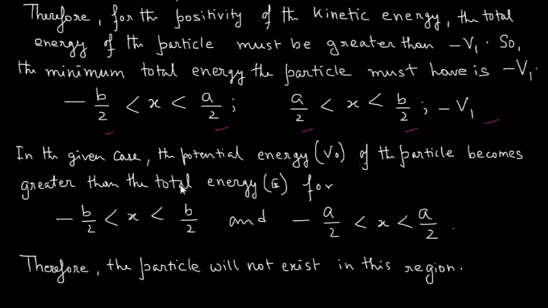In the given case, the potential energy V0 of the particle becomes greater than the total energy E for x greater than minus b by 2 and smaller than b by 2, and x is greater than minus a by 2 and smaller than a by 2. Therefore, the particle will not exist in this region.